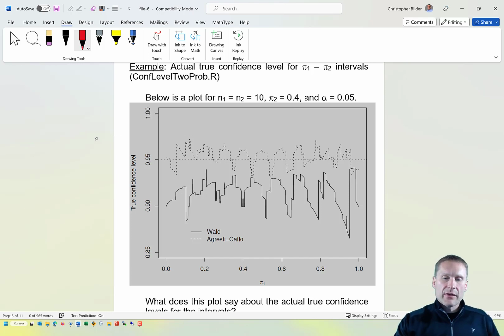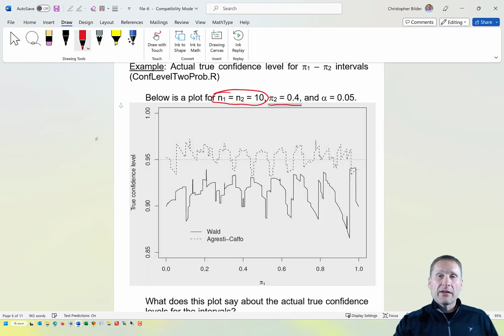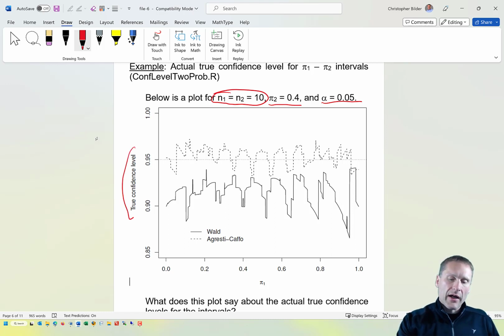So let's consider a situation where n1 and n2 are 10, so just 10 trials. Pi2, meaning the probability of success for group 2, is 0.4, and I'm going to form 95% intervals. On the y-axis of this plot, I'm going to have the true confidence level, and on the x-axis, I'm going to put various values of pi1.